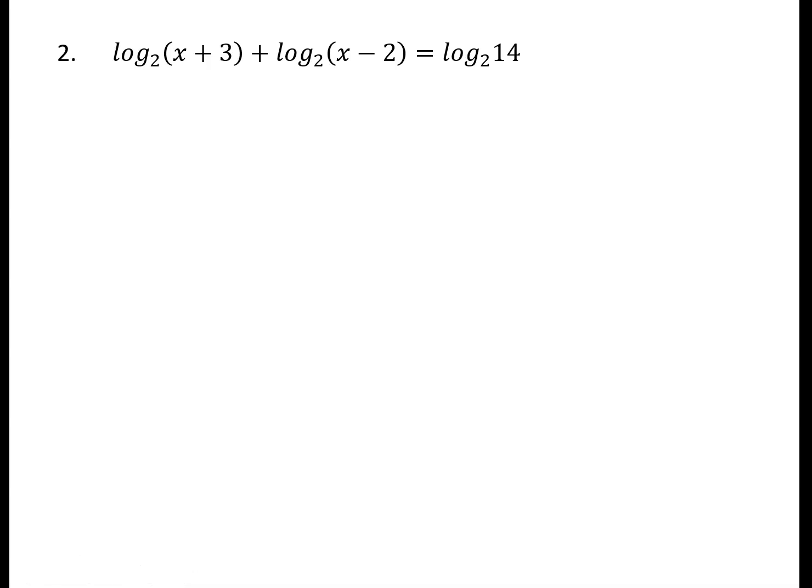Okay, number 2. So remember we need a single log on each side. We've got that over here on the right side. To get a single log on the left side, we're going to have to condense. Since we have addition, we condense with multiplication. It's property 5 that we're using. So we make this 1 log, still base 2, and we're going to multiply x plus 3 times x minus 2.